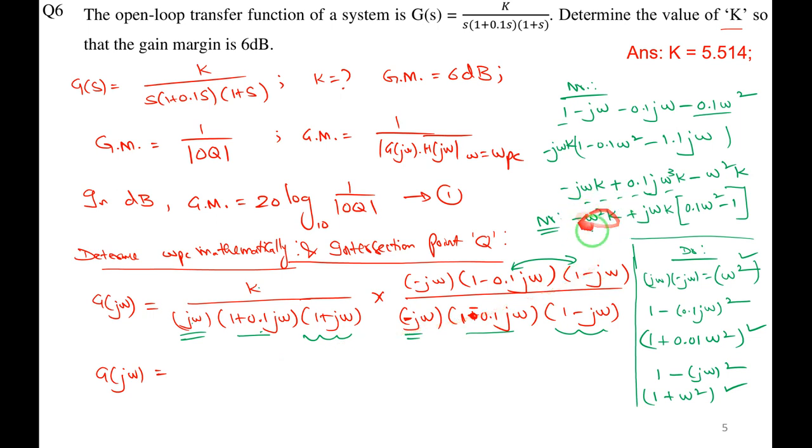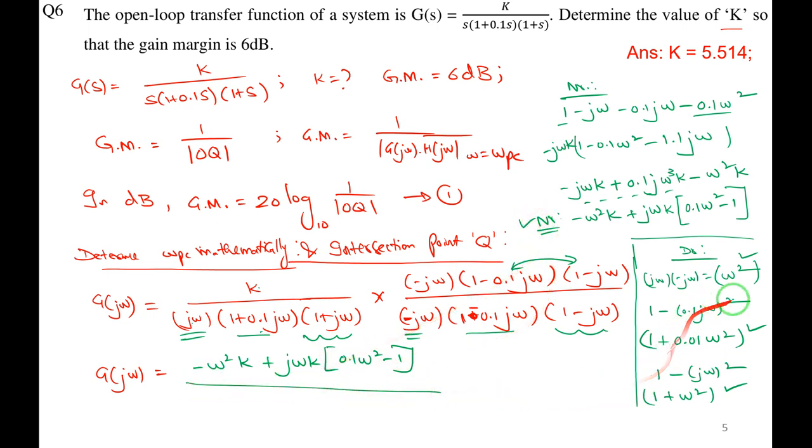So this is the numerator we have written: minus omega square k plus j omega k into 0.1 omega square minus 1, divided by the denominator, omega square into 1 plus 0.01 omega square into 1 plus omega square. Okay, this is the real part, this divided by this.